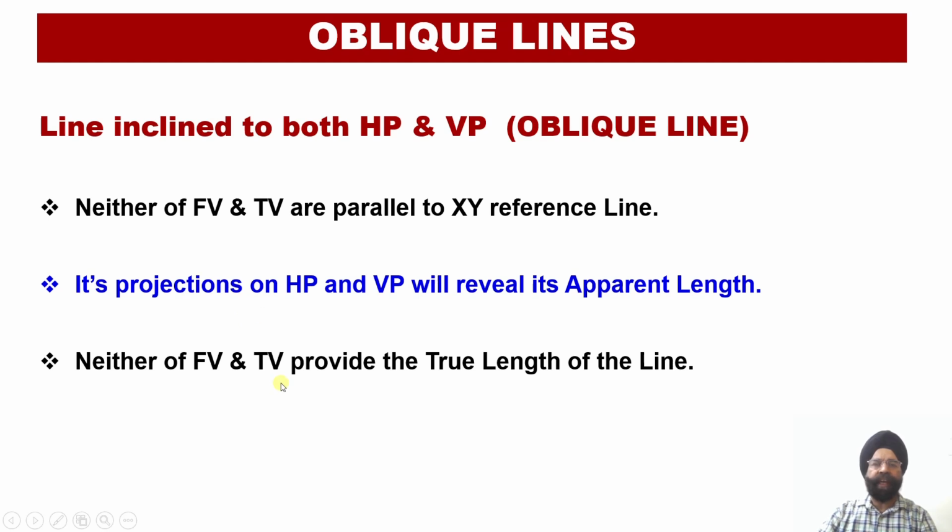So in case we want to obtain the true length of the line in the front view as well as the top view, we need to apply the principles of rotation of the line method to evaluate the true length and the true inclinations of the line with the two reference planes HP and VP.